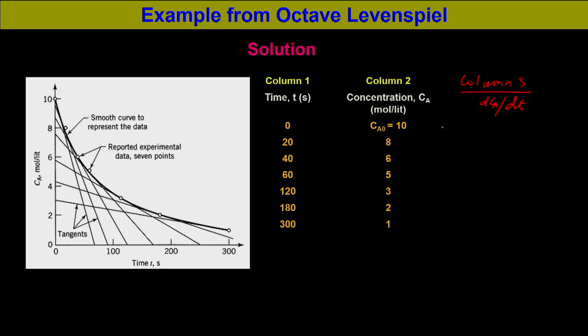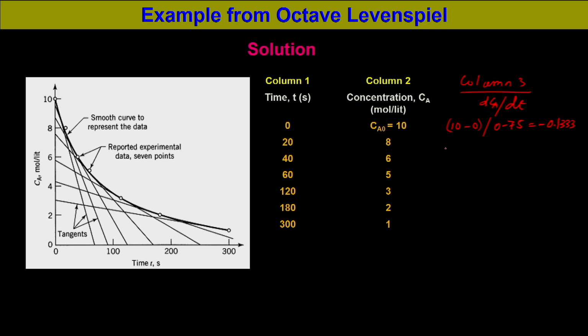So, for the first case it would be 10 minus 0, that is the concentration difference, divided by 0 minus 75. So, it would be about minus 0.1333.